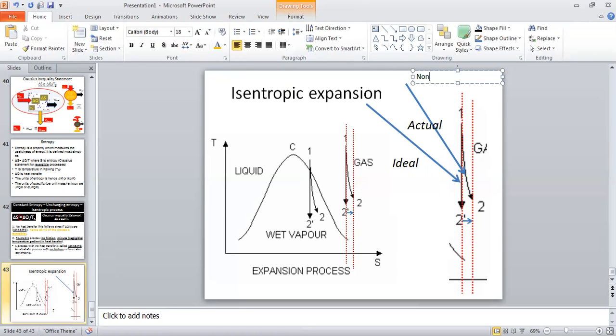Non-isentropic, but you know that entropy rises because of the friction and all. Entropy rises. You can see S2 greater than S1. This is based on the Clausius inequality somehow. There is always entropy increase. So ideal and actual.